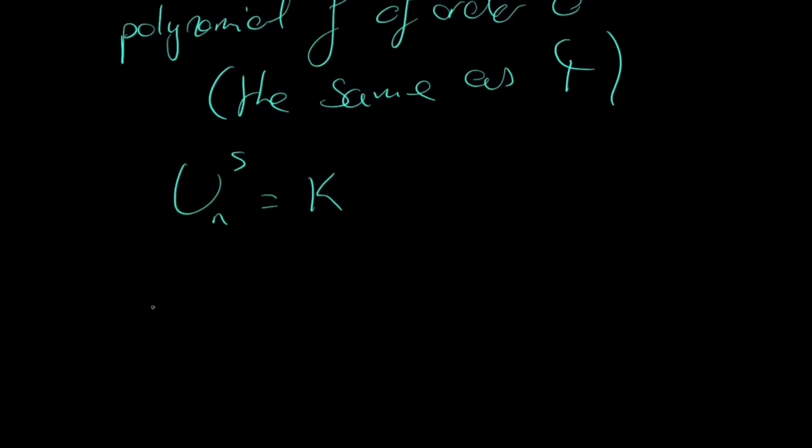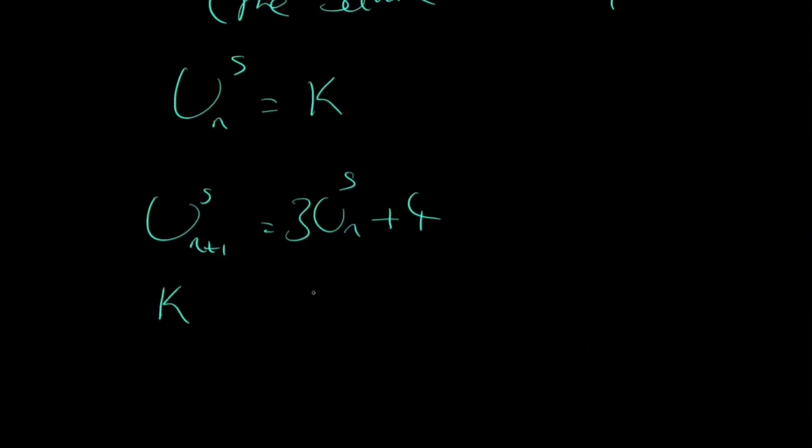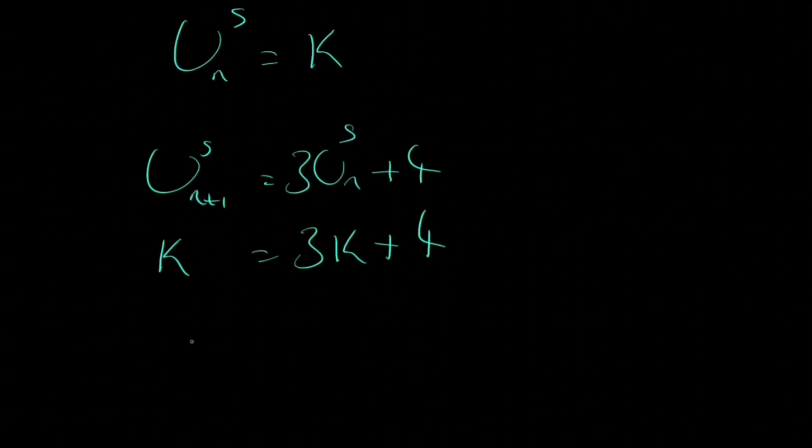We remember that u_{n+1} is equal to 3u_n plus 4, and that u singular is the solution of this equation. So let's replace u_n with u_n singular, and we have k equal to 3k plus 4, so k is equal to minus 2.